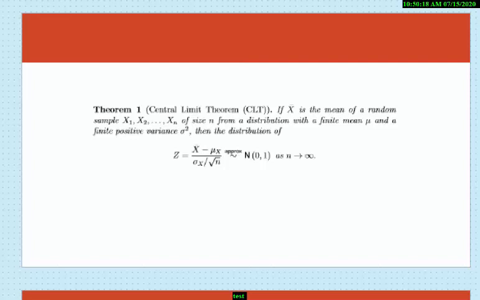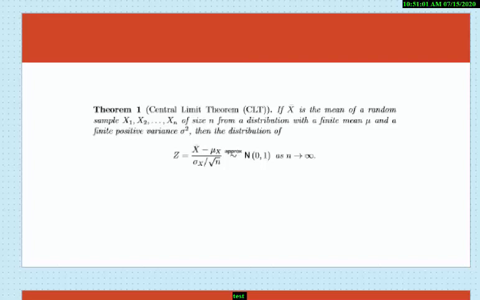It says that if x bar is the mean of a random sample of size n from a distribution with a finite mean mu and a finite positive variance sigma squared, then the distribution of z equals x bar minus mu, divided by sigma divided by the square root of n, approximates the bell curve.